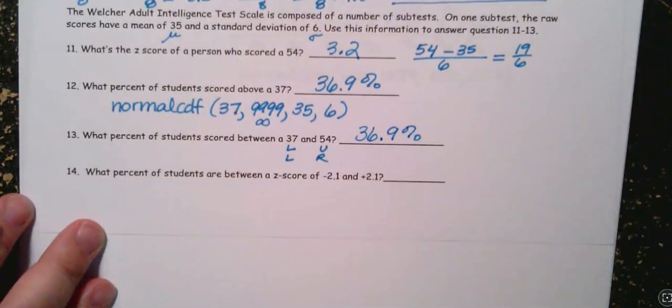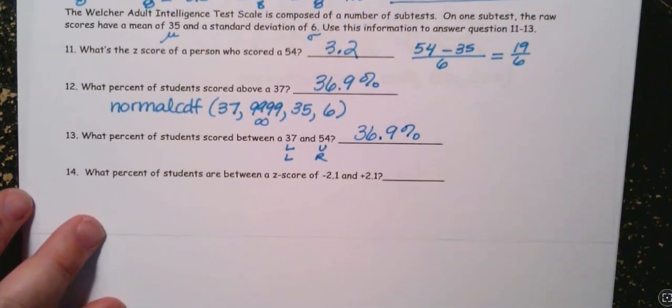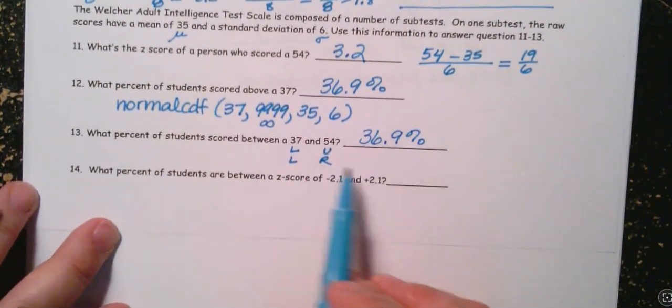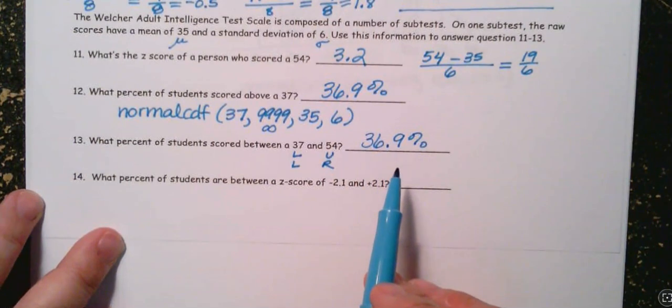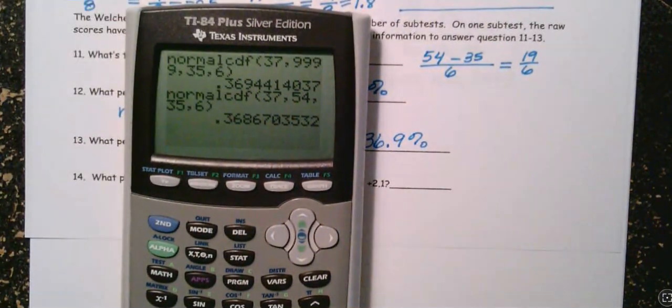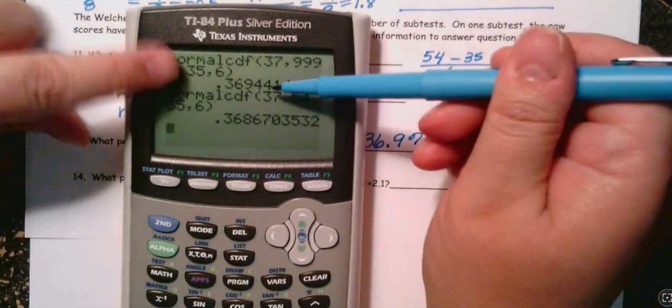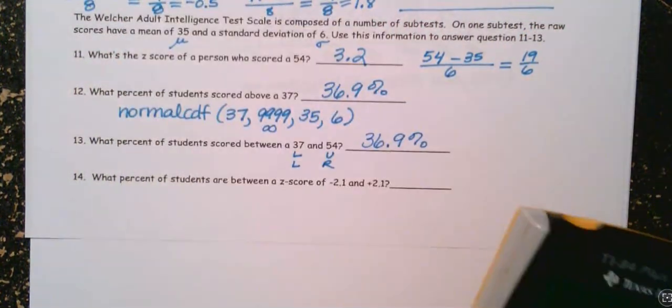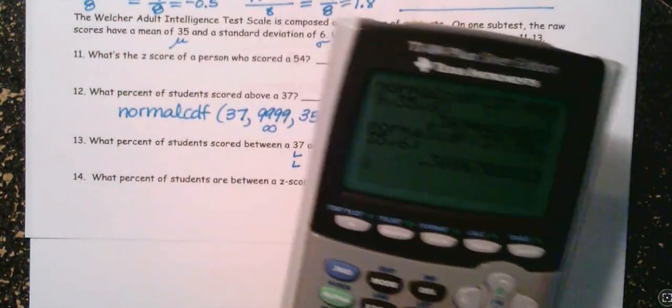That's interesting. If we look at that, it's correct. I know it seems weird, but that's correct because if you look at these two numbers in the calculator, yes, there were more people who scored from 37 up to infinity.